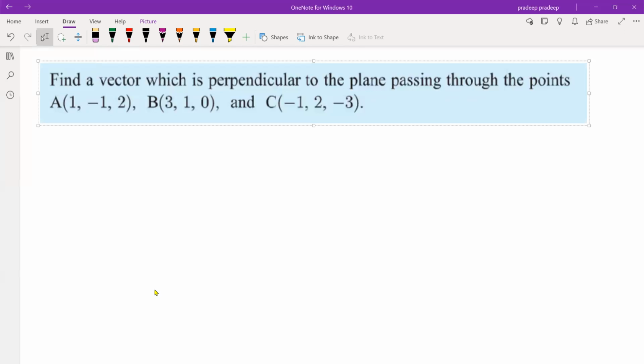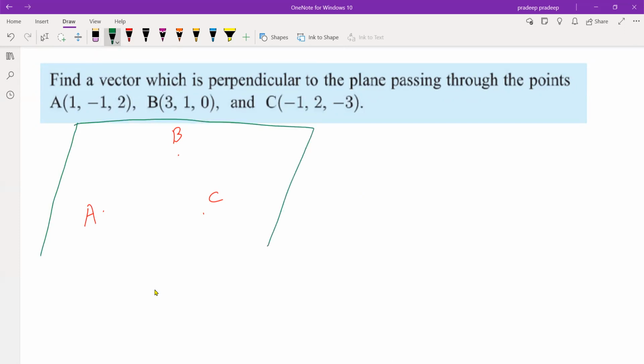But for that, you need those two vectors, right? So how to do that? Let me draw the diagram and give you a hint. Let's say A is this point, B is this, and C is this. If we are finding the cross product, the first step is to identify the plane which has all these 3 points.